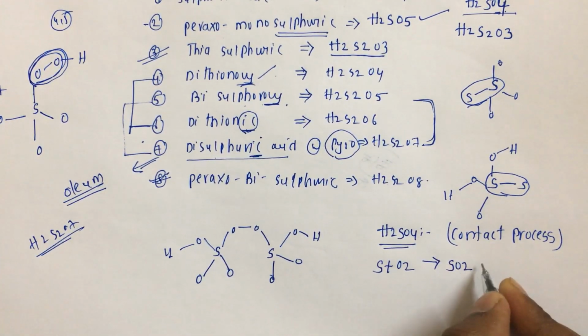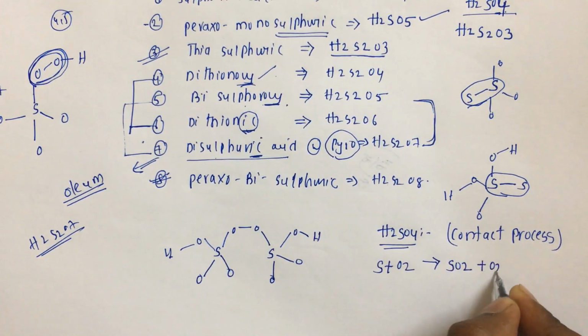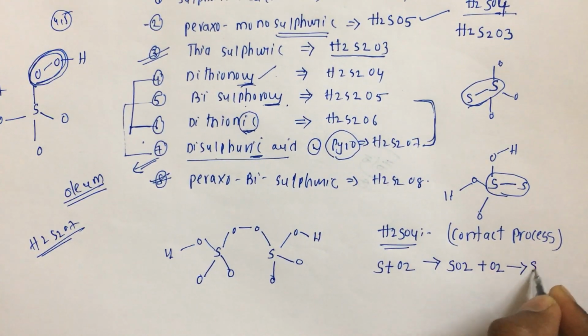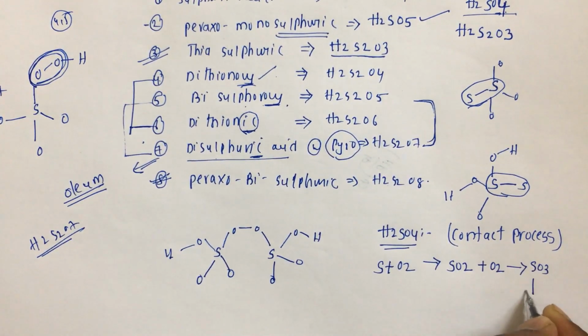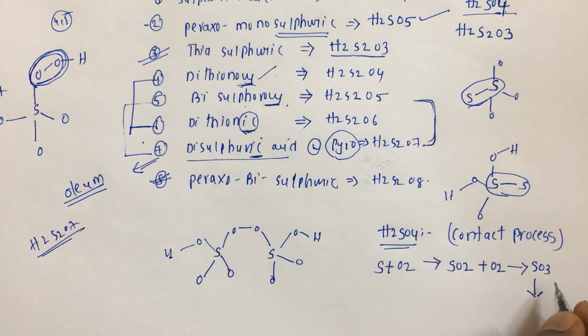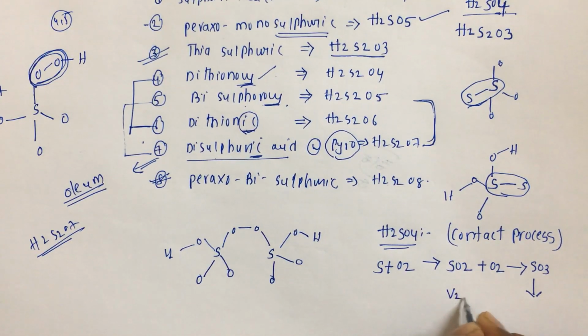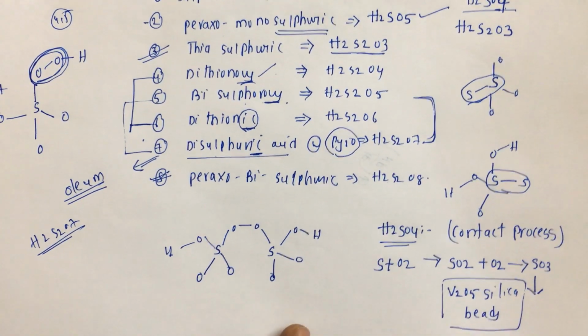This is the first step. This further we treat with oxygen, it forms SO3, and this one we pass through V2O5 silica beads. So this is the catalyst here. Vanadium oxide is the catalyst in the synthesis of H2SO4.